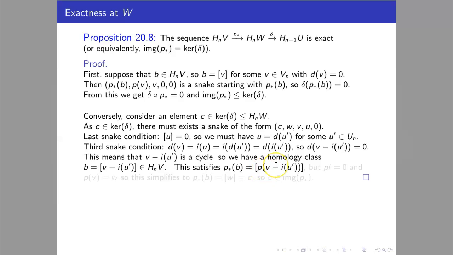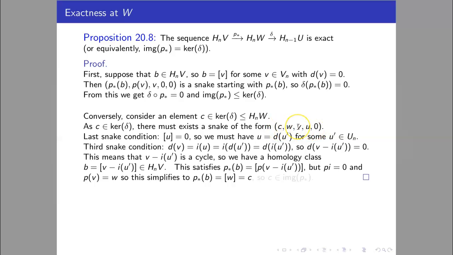You get p of (v minus iu'). But remember, the sequence i followed by p is a short exact sequence. So that means in particular p composed with i is 0. So this p i term is going to go away. And then pv is equal to w. You see, that was again one of the snake conditions.